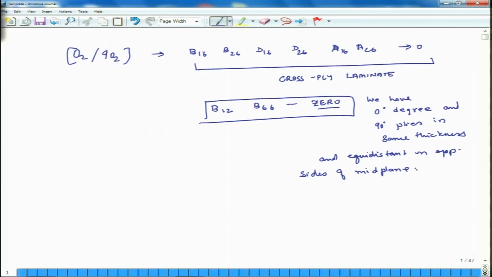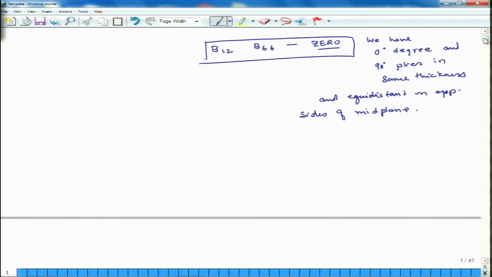Why does that ensure B16 or B12 to be 0?